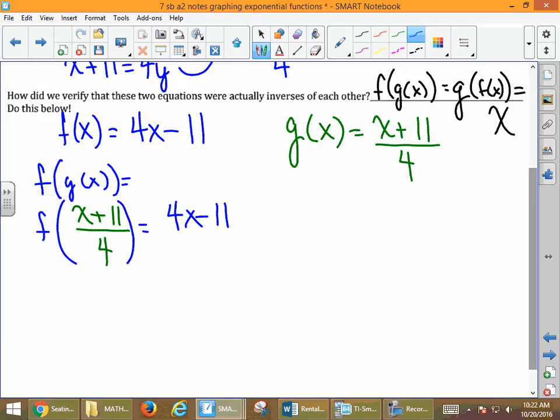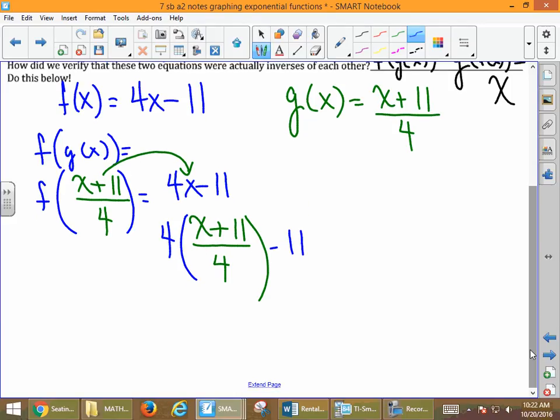So the green part of our equation is going to replace the x in our blue. We're going to be left with 4 times x plus 11 divided by 4, minus 11.